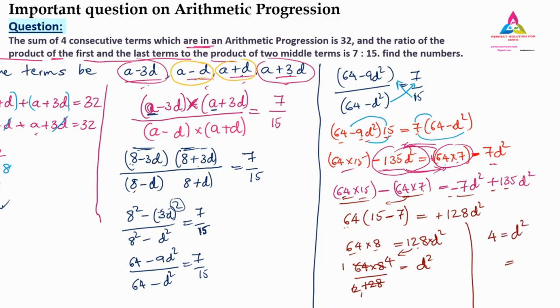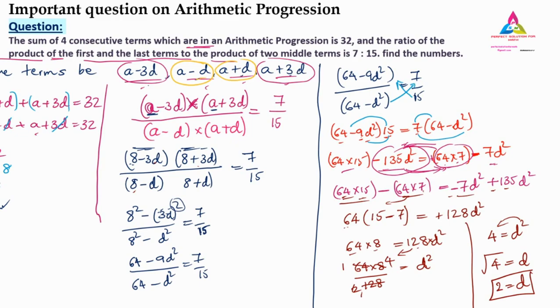So here I will write down, what is left is only 4, that equals d square. We have to keep only the unknown thing, that is the d value. This square also you have to bring to the other side. When you shift the square to the other side, it becomes the square root of 4. Square root of 4 you already know is plus 2, and it may be minus 2 also, but any one we can consider.